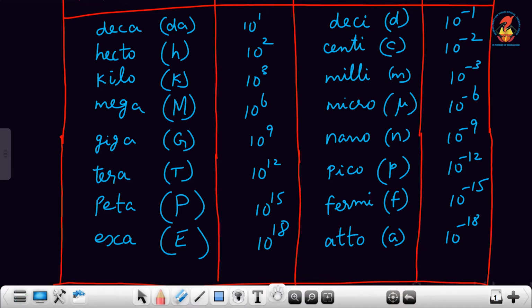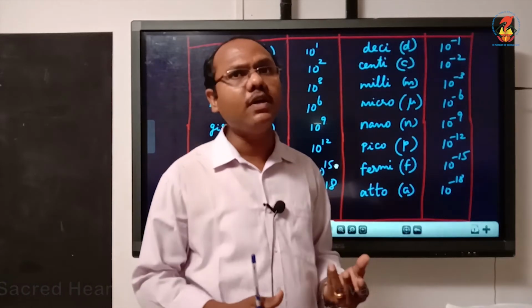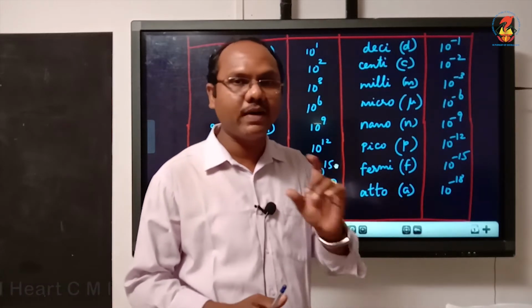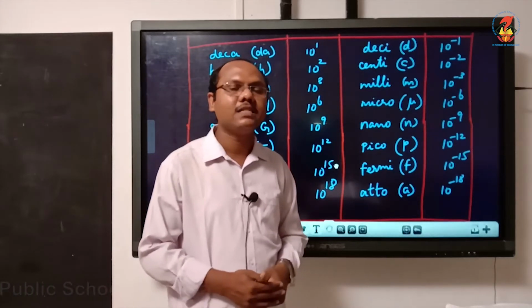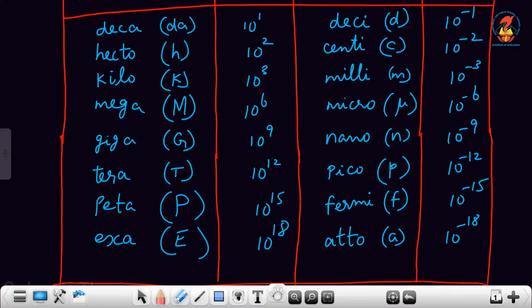Pico, small letter p. It is 10 raised to minus 12. Then Fermi, small letter f. It is 10 raised to minus 15. This can be also known as femto. Fermi or femto, 10 raised to minus 15. And the last one is atto, 10 raised to minus 18.